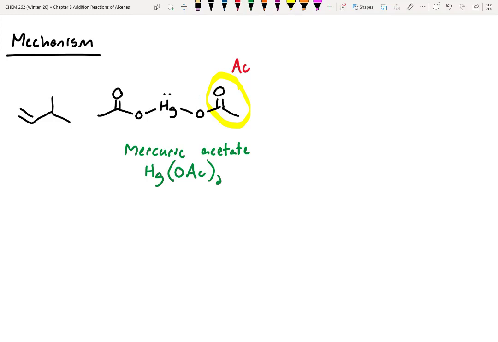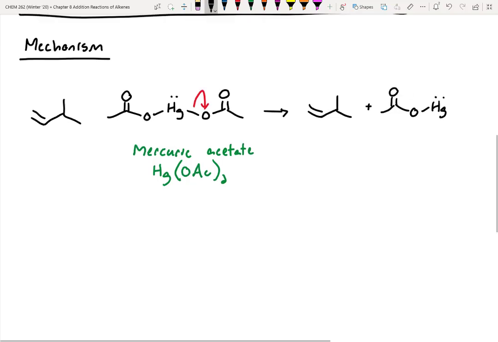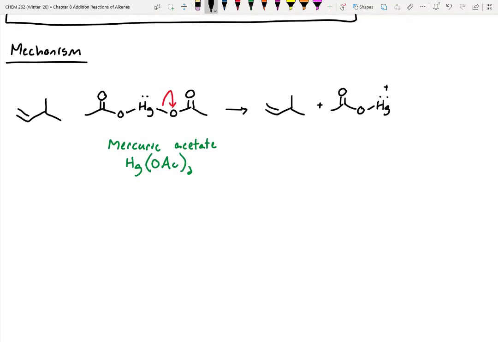All right, so in the first step of this reaction, this reagent will just pop off like that and actually decompose on its own. All right, so now it's decomposed.